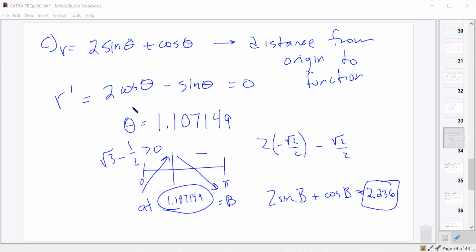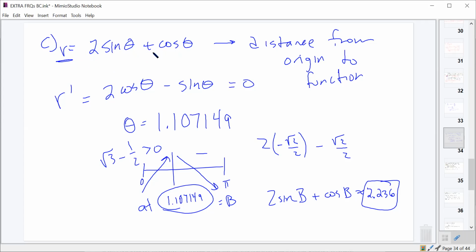So it depends on what the question is asking. This question wants to know when r is at a max. If we just have some function, r equals whatever in terms of whatever variable, it doesn't matter what the variables are, as long as it's something equals something else in terms of one variable, then this is basically just a rectangular equation.